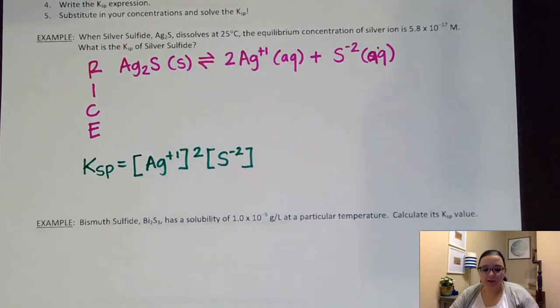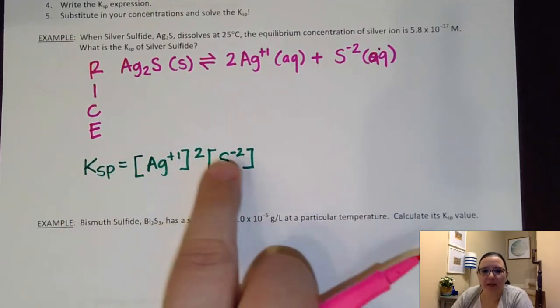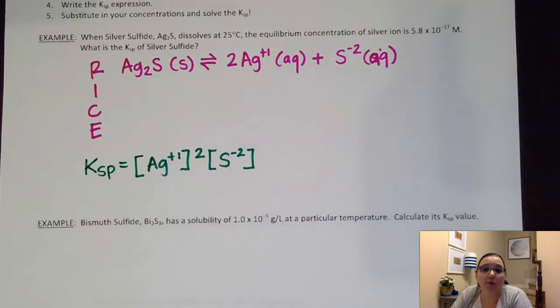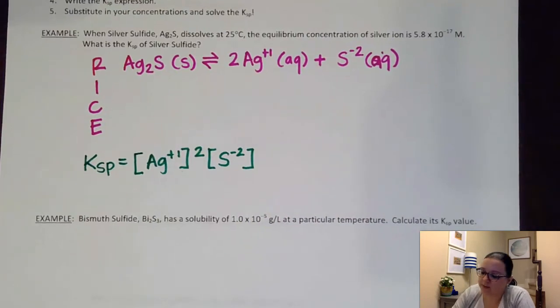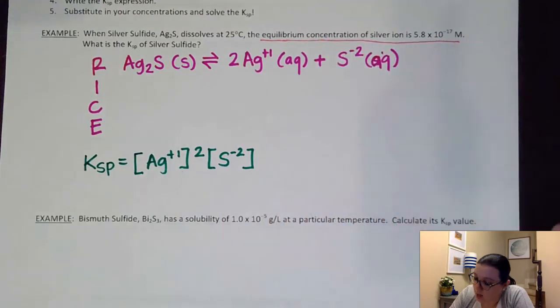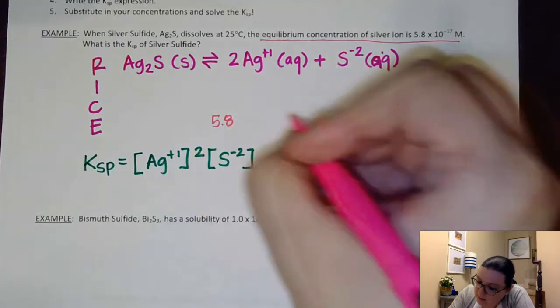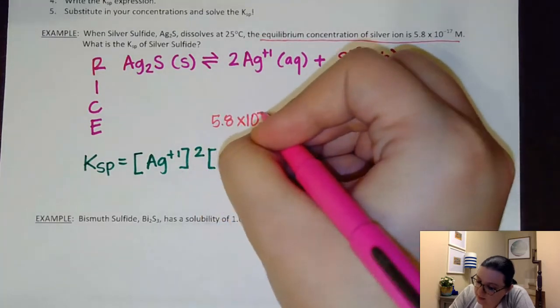All right, so I want to solve for Ksp, which means I need to plug in these concentrations. I need to know what they are, and the only one that they've told me so far is that the equilibrium concentration of silver ion is 5.8 times 10 to the -17th molarity.